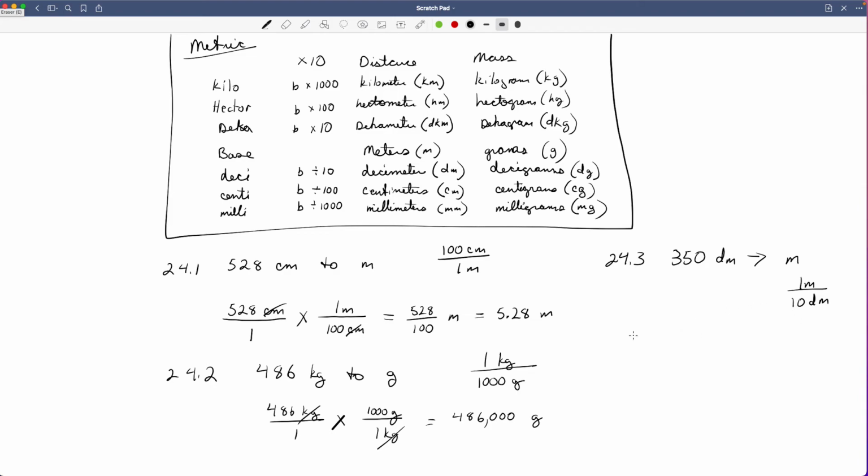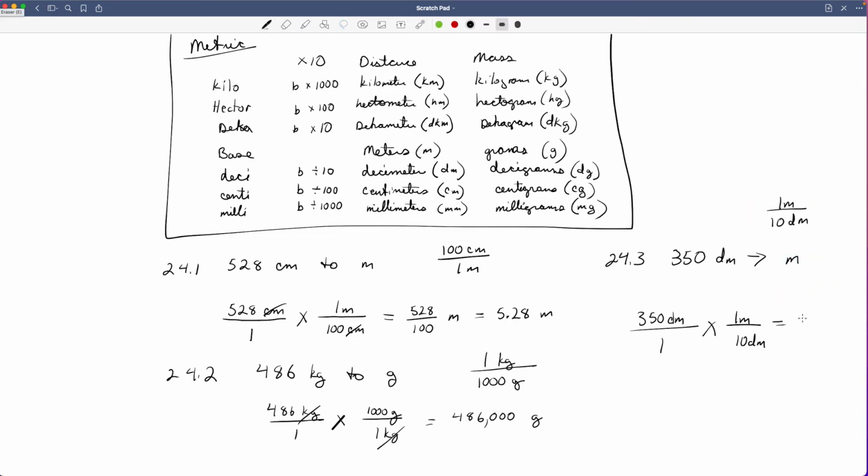All right, so we're going to convert, let's do 350 decimeters over 1 times, we're going to put the meter in the top and decimeter in the bottom. I'm going to move this unit of measure up here out of the way. There we go.